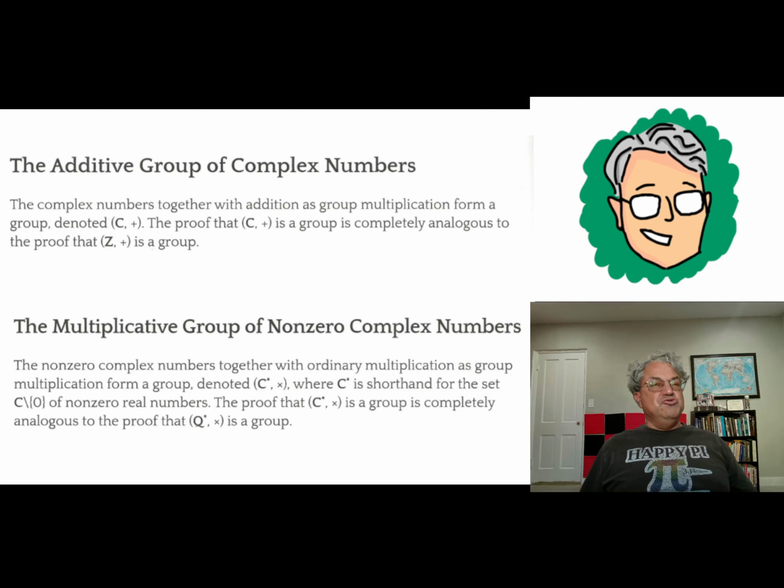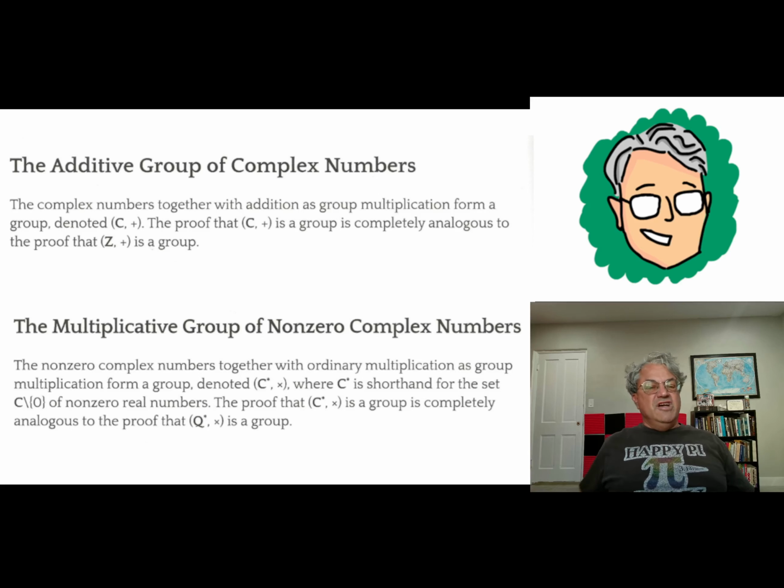That's not too hard to show: 1 times z is equal to z for any complex number z. And the multiplicative inverse, that's 1 over z. There's a formula for that. If z is a plus bi, it's (a minus bi) over (a squared plus b squared). You take the complex conjugate divided by the norm, and that gives you the multiplicative inverse.